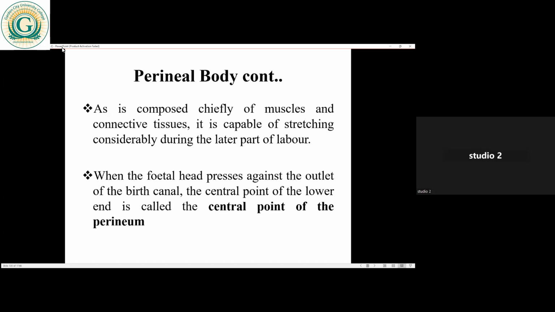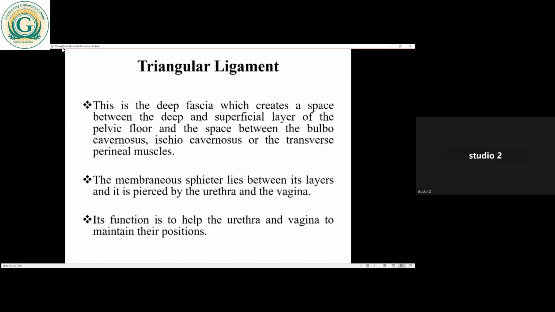Then we have this ligament, the deep fascia, which creates a space between the deep and superficial layers of the pelvic floor, and the space between the bulbocavernosus, ischiocavernosus, or transverse perineal muscle is found in this triangular ligament. The membranous sphincter lies between each layer and is pierced by the urethra and the vagina.